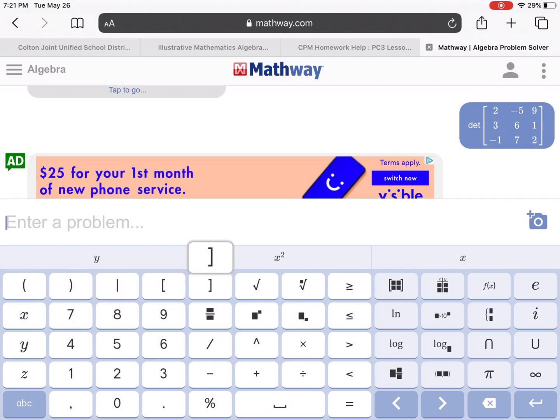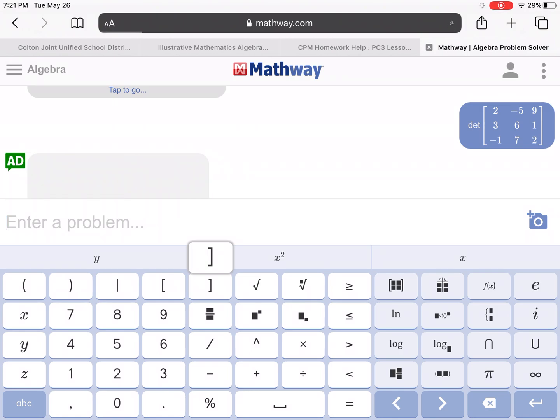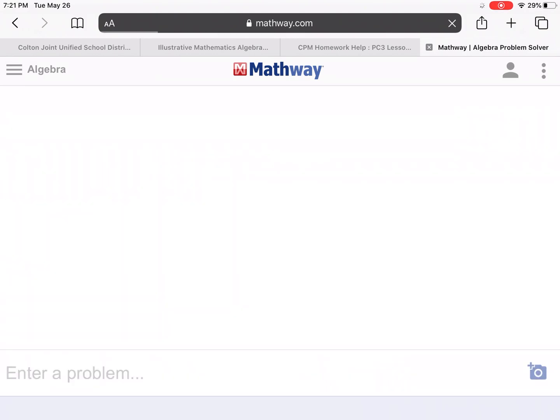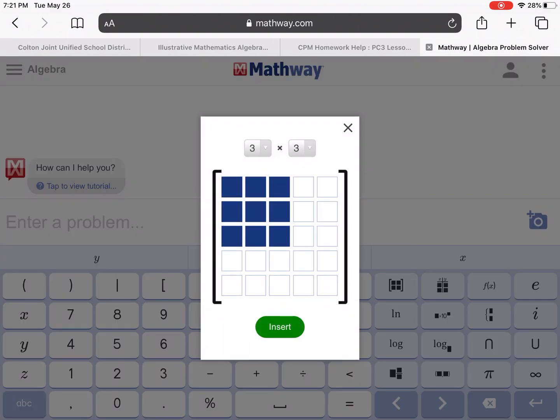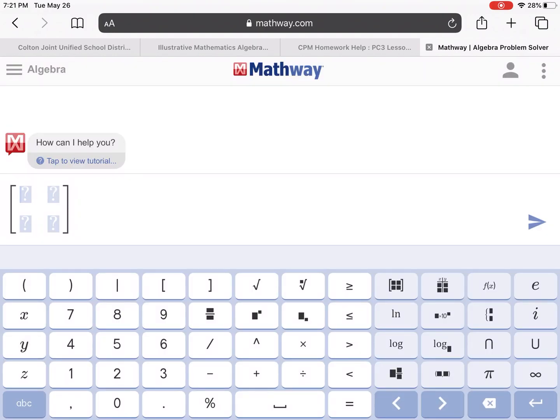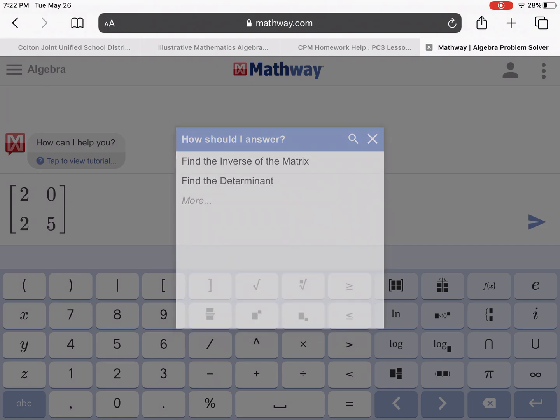Or check it out. If we enter the original matrix in Mathway, which is 2, 0, 2, 5, you can really just click this arrow and it's going to ask you what you want to do with it.